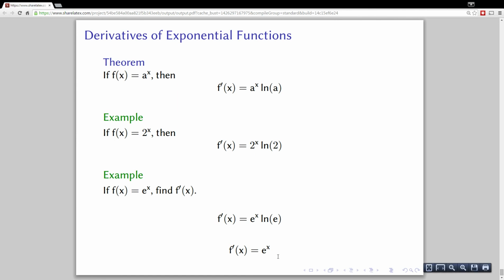For all of the other exponential functions, we have this annoying ln of the base that tags along with it, but e to the x has a nice, easy derivative. It's the best function to take the derivative of. So if you've ever wondered that, like I did when I was taking those classes, this is the reason why. It has a nice derivative. It's nicer than the derivative of any other exponential function.